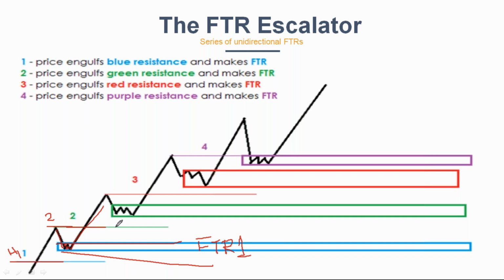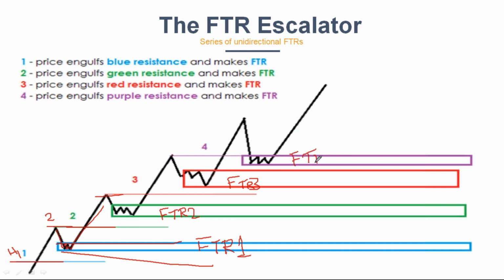See, 2 is broken, forms high 3, comes down, forms a base, goes up. This is FTR2. If anybody thinks this is not FTR2, let me know. And next again, 3 is broken. If you take 3 as the high one, 4 is high 2. Price comes down, sideways, breaks 4. So that is FTR3. And similarly, you get FTR4.